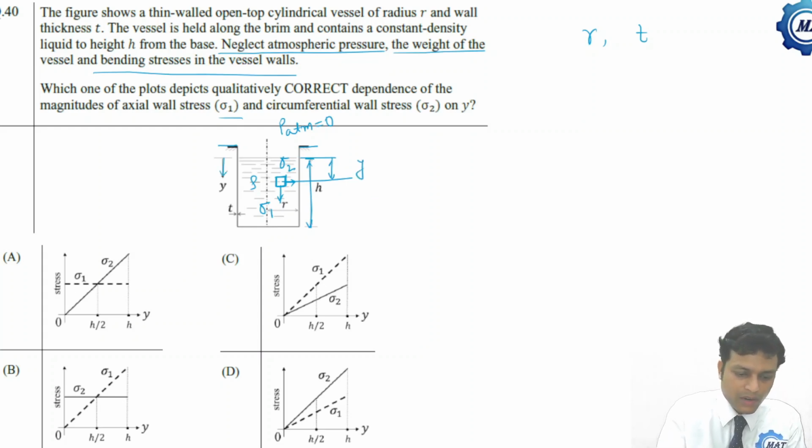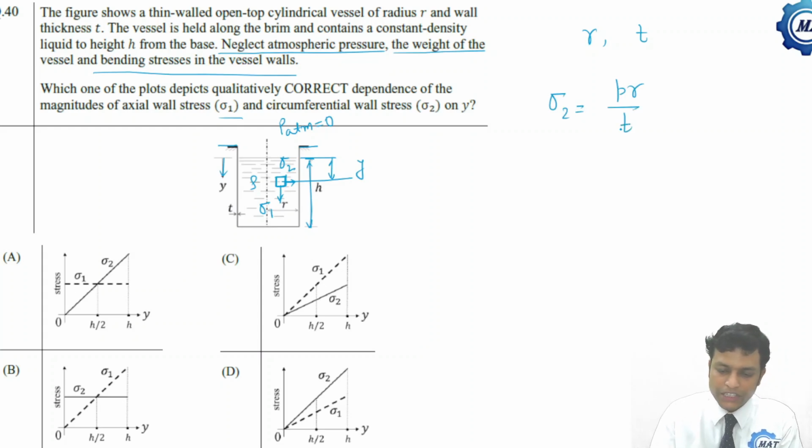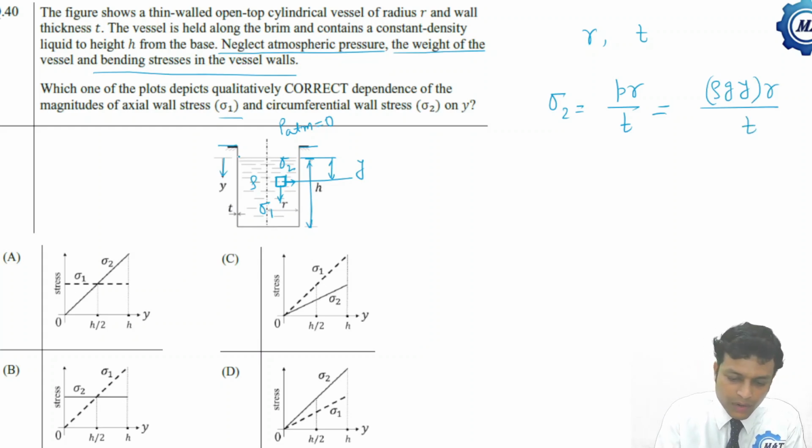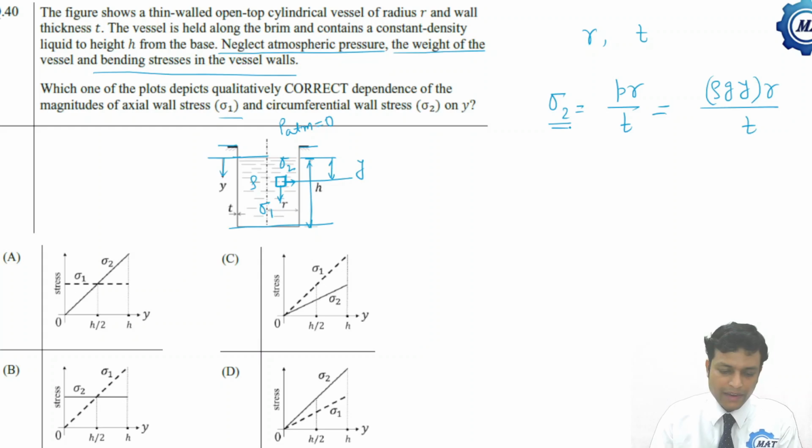So what will be sigma 2? Sigma 2 is always PR by t. Now what will be the pressure here? Pressure is rho g y, so sigma 2 is rho g y into r by t. That is, y is 0 at the surface and maximum h at y equal to h. So sigma 2 will vary linearly.